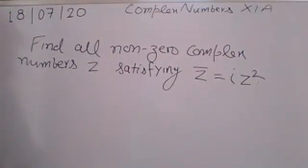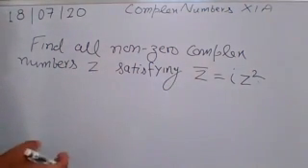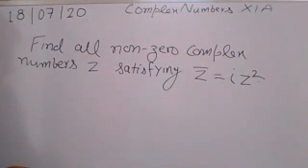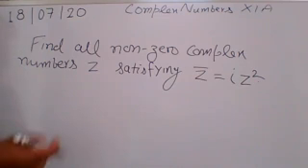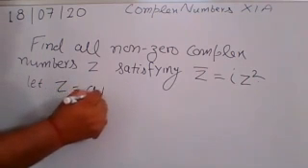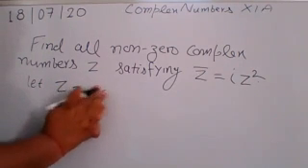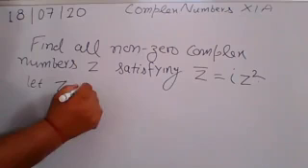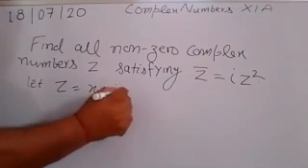Okay. Means here you have to find all the possible non-zero complex numbers which satisfy the given equation. Means the conjugate of z is equal to i times z square. So how do you solve such a type of equation? First of all, assume let z is equal to a plus ib, or you write here in terms of x and y, so you write x plus iy.